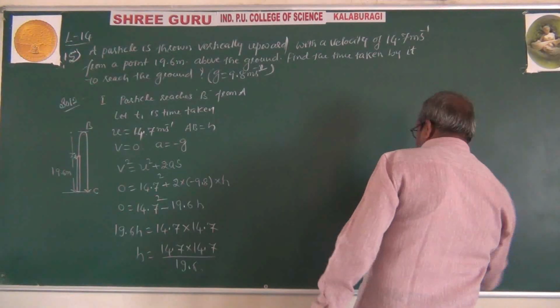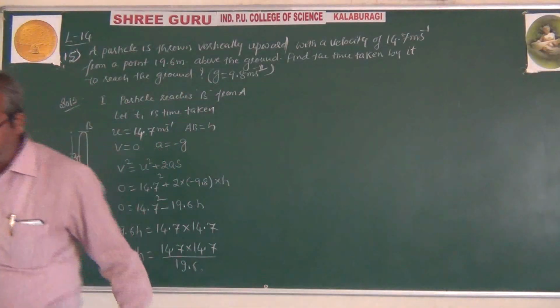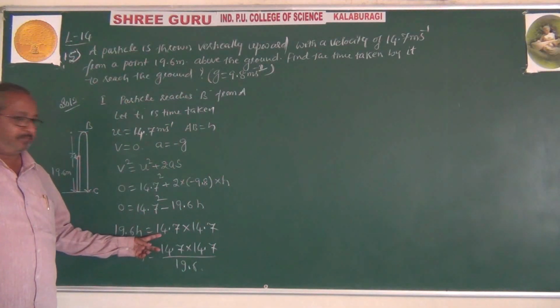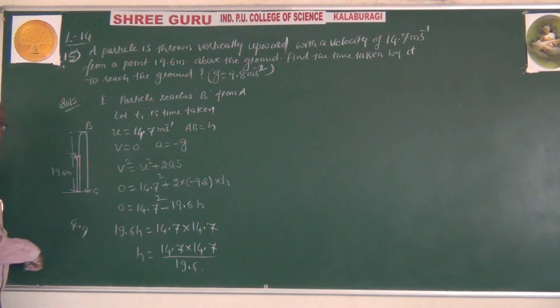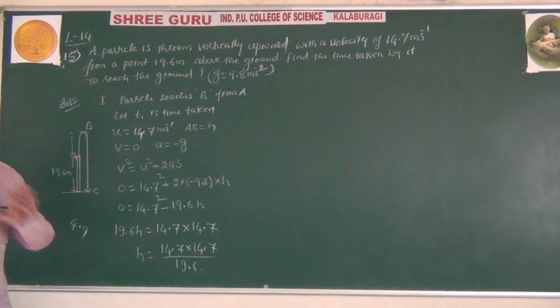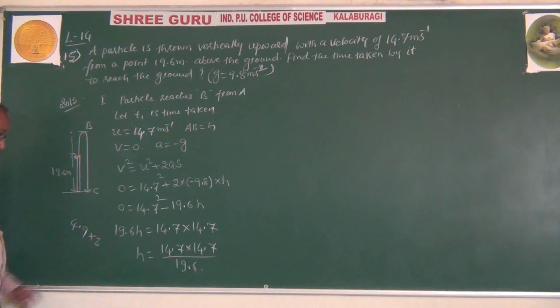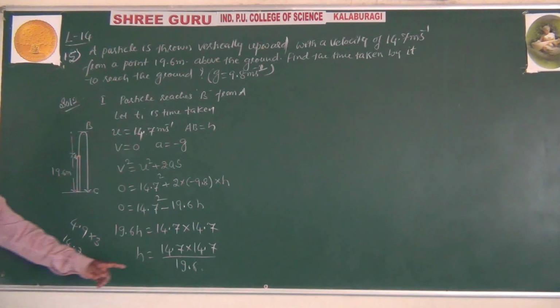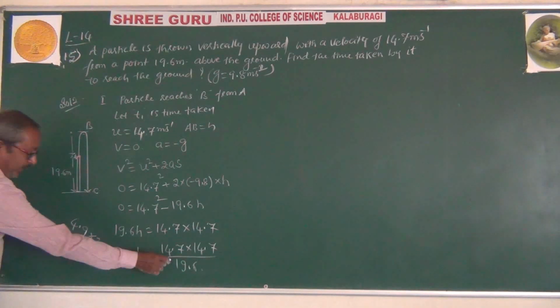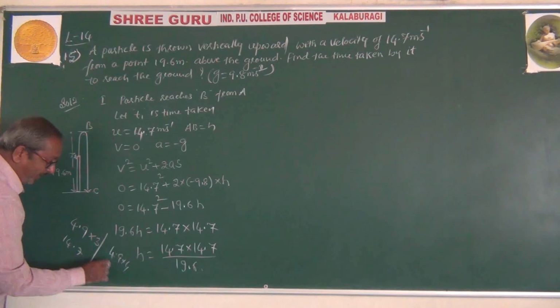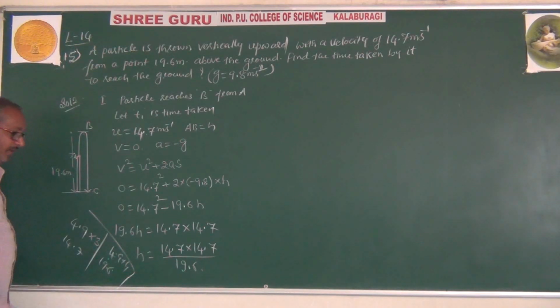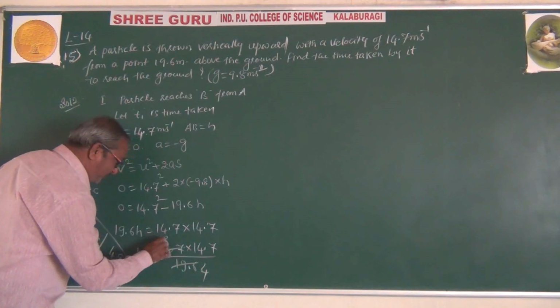Big numbers are there, so you would need a calculator. But keep in mind that 14.7 and 19.6 are multiples of 4.9. 4.9 into 3 gives 14.7, and 4.9 into 4 gives 19.6. So this is 4 and this is 3.